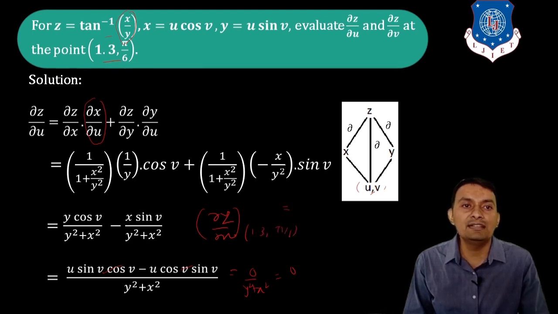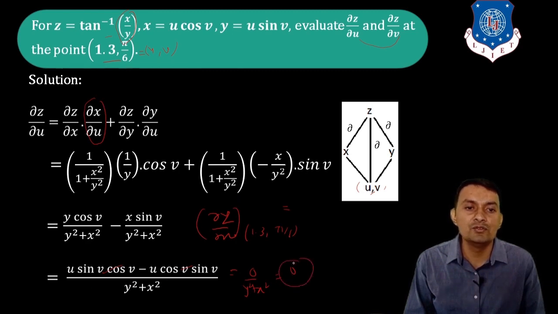Also we will keep in mind that z is dependent, u is independent, z is dependent, v is independent. So our independent variables are u and v. So this is exactly u comma v. So whatever we have determined, that answer is 0. So for any choice of u and v, what we are going to get is the answer 0.